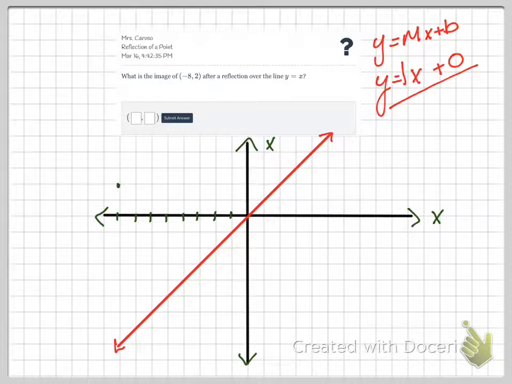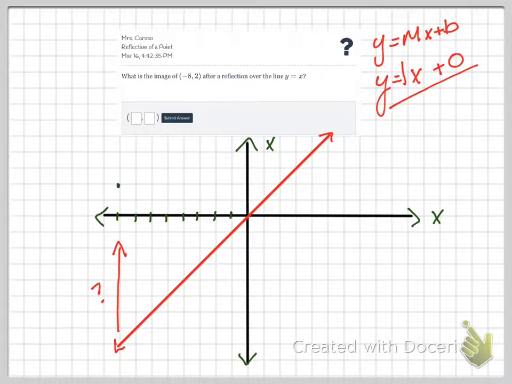So what we're supposed to do right now is reflect this point over this red line. And the question is, how do I do it? You have to be equally distant from the line, just like we used to have to be equally distant from the origin. So you can go in any direction. Right now, I'm just going to see how far up my green dot is from the red line.